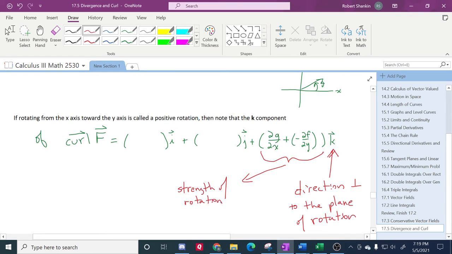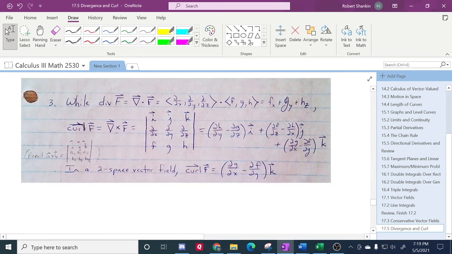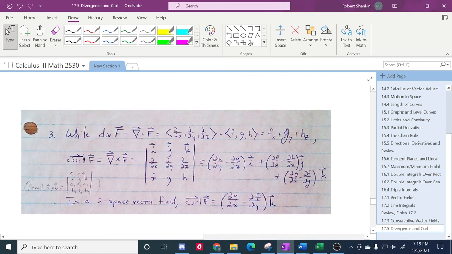A bigger number, a stronger rotational force. Small number, a weak rotational force. And so let's go down here. All right, so I had to just clip these things from my notes as well.